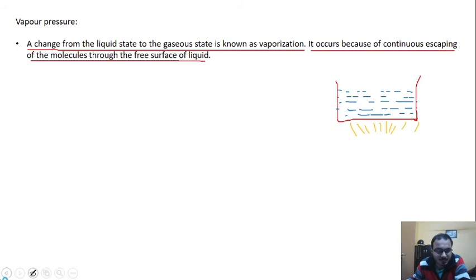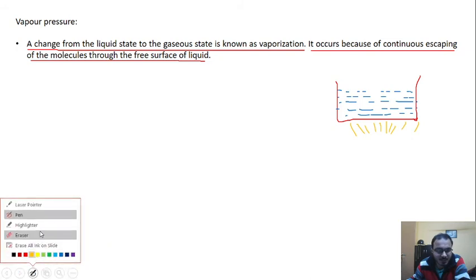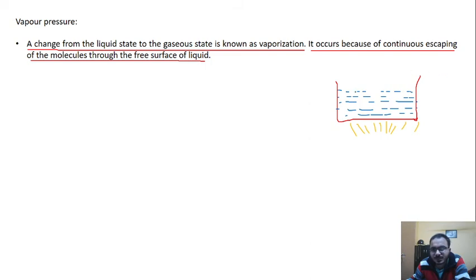There will be a change from liquid to vapor. The gaseous molecules will be generated at the free surface, and then they will try to escape from here. That is called continuous escaping of molecules through the free surface of liquid.